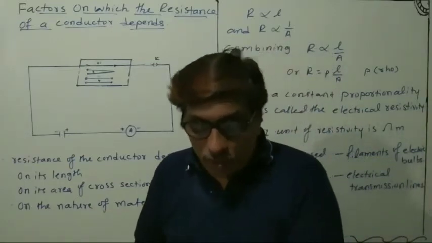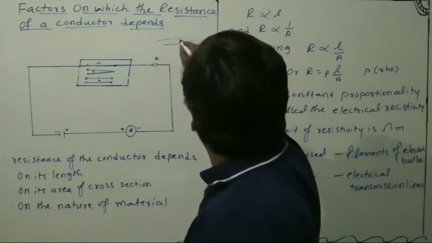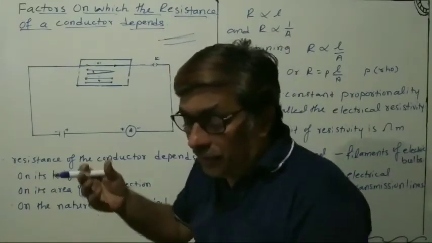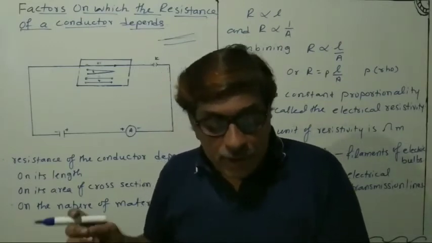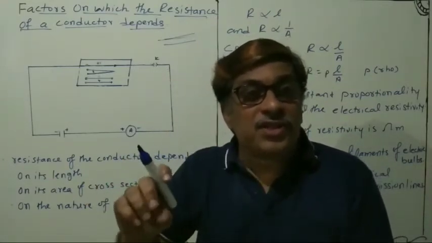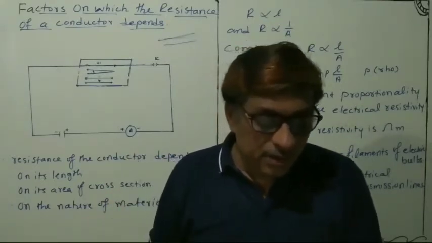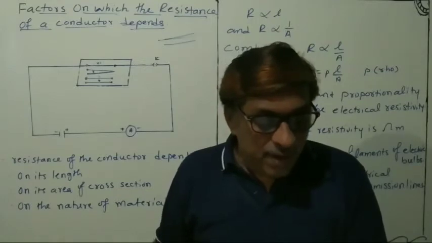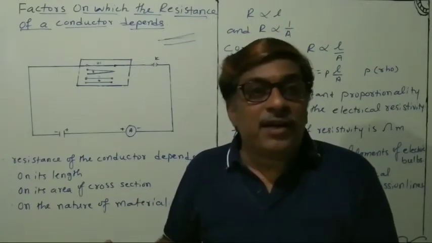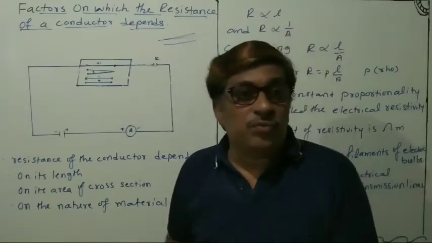For example, if you have taken a conducting wire, the resistance will vary, it will not be fixed. So the resistance depends upon this conducting wire also.